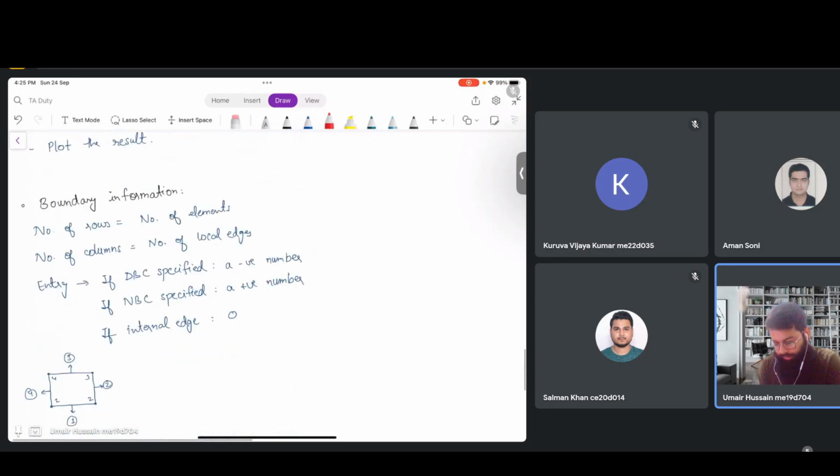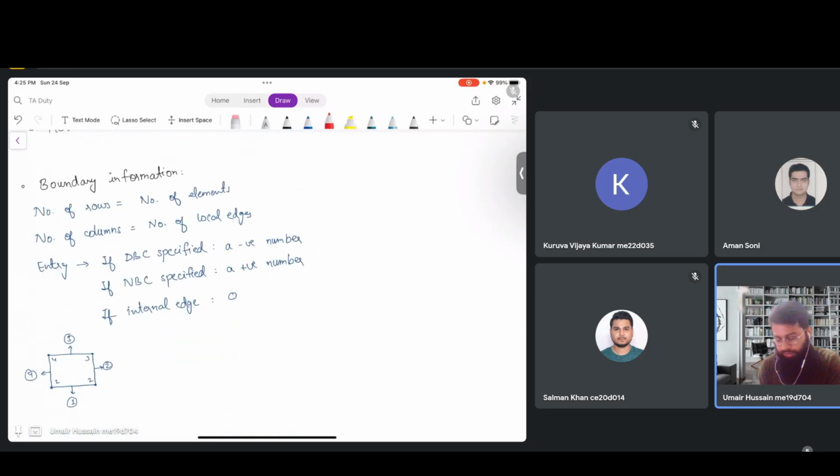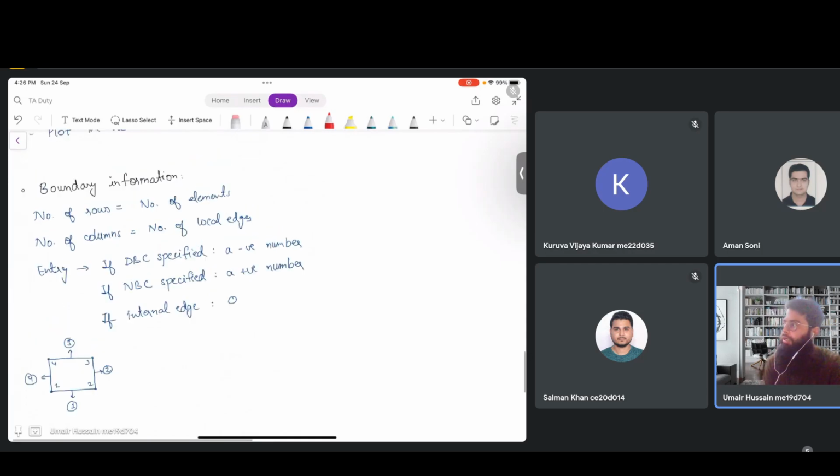So this boundary information part is something new for me also. It's a nice way to organize our boundary conditions, so I took a note of it. Basically, it is a matrix which will have the number of rows equal to the number of elements.